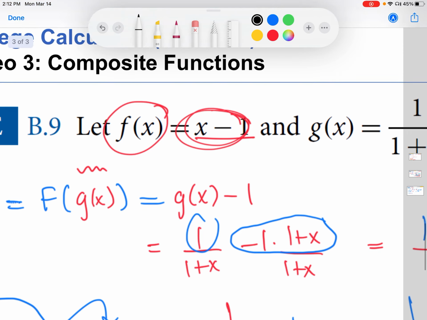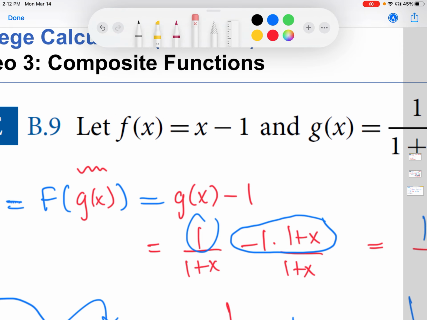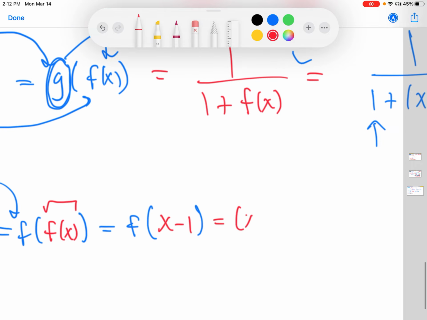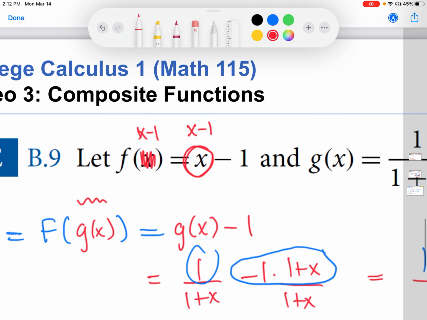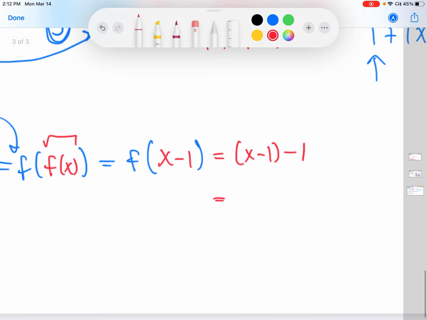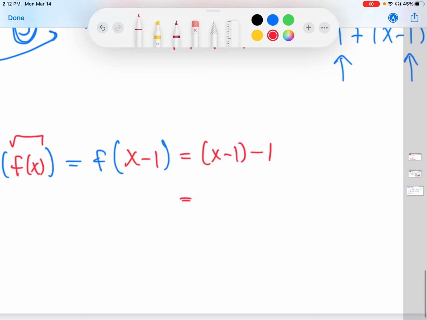And I am going to substitute in an x minus 1 here. Okay? So everywhere I see the x, there it is, I put in x minus 1. So what results is x minus 1 and then minus 1. All right. So then this is another simplification that we can do right away. So x minus 1 minus 1 is x minus 2, and that is our final answer.